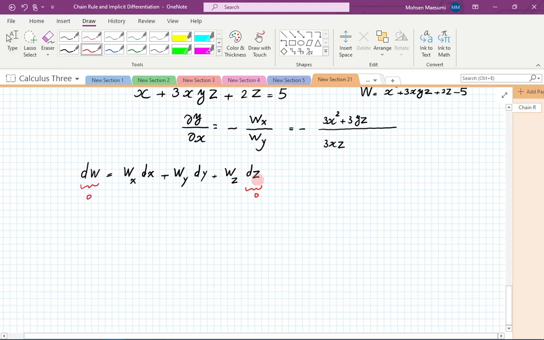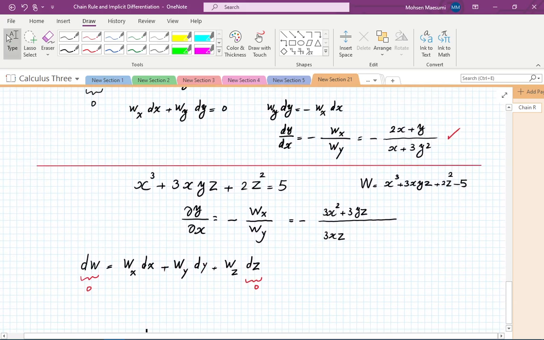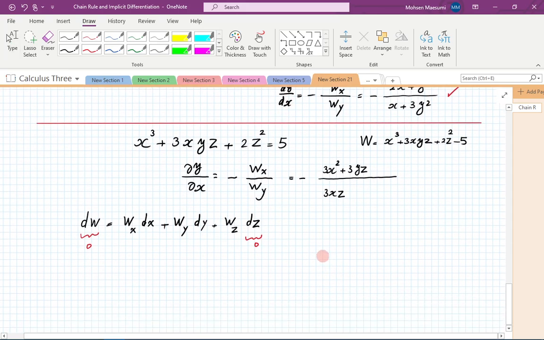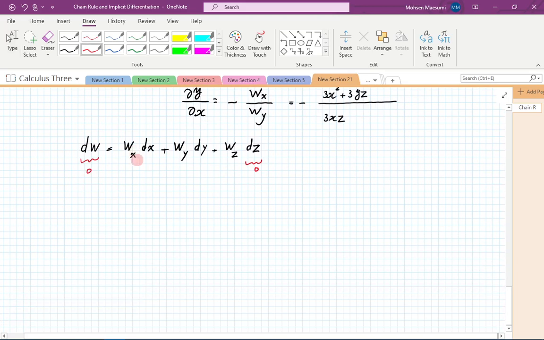To signify the fact that we are holding z fixed, we are going to use the partial notation here instead of the differential that we had over there. So here we are going to have, setting this equal to 0, if you wish to write it like this, wx partial of x, wy partial of y is equal to 0.